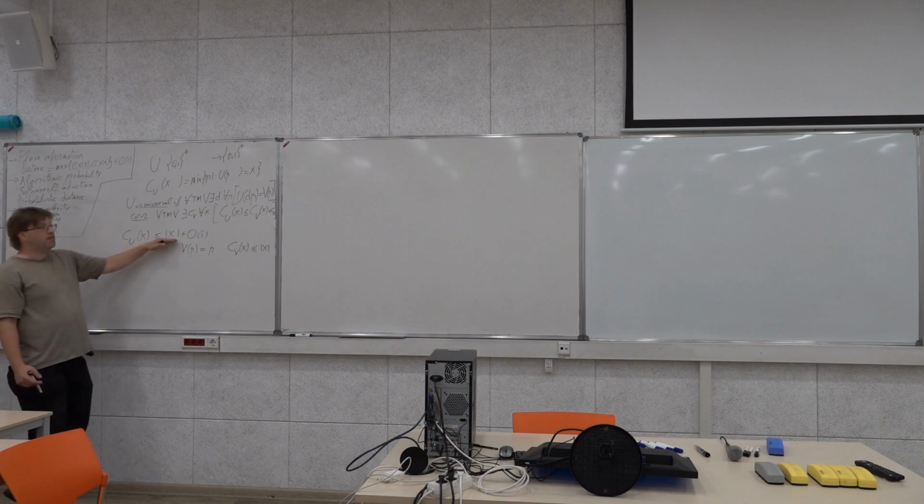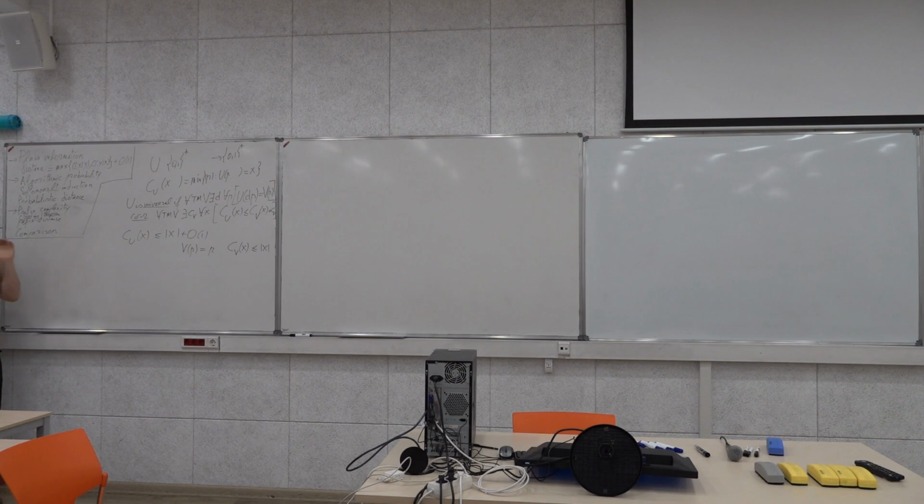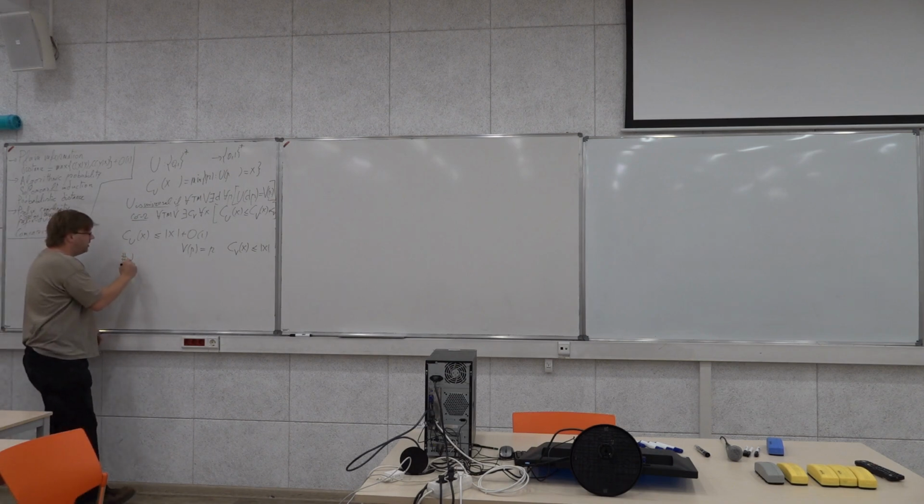And so this is a trivial upper bound, and it's a pretty good upper bound. There are only a few strings that have small Kolmogorov complexity. So let us make a quantitative statement.